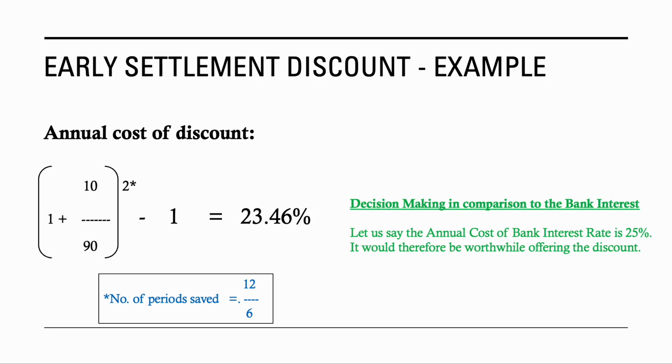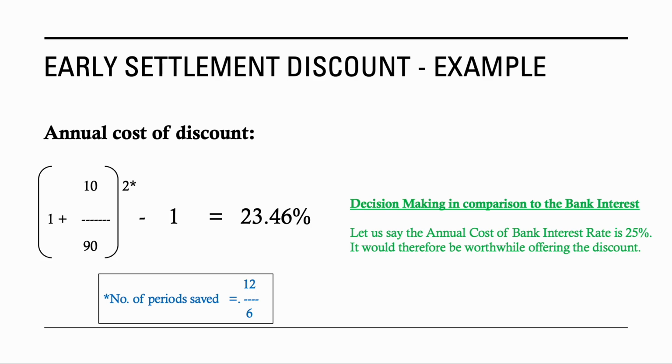And now let us assume that the annual cost of the bank interest rate is 25%. Then it would be beneficial for me as a company to offer the discount to the customer, because the cost is only 23.46%.